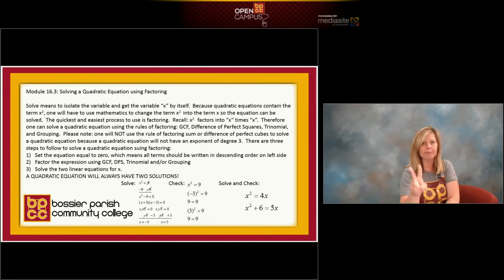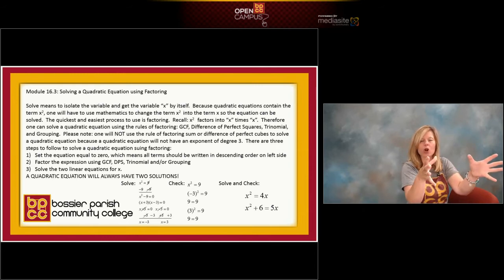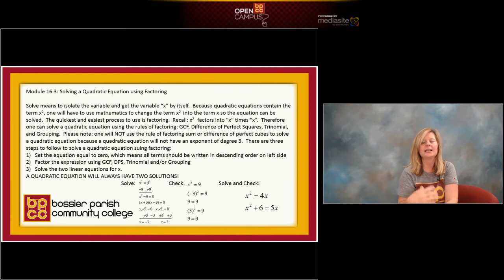Okay? Step 2, once you have all your terms on the left side, then you're going to factor the expression. Now, this means you're going to have to recall everything from the previous modules. There were 5 rules of factoring we learned: GCF, difference of perfect squares, trinomial, grouping, and sum or difference of perfect cubes.